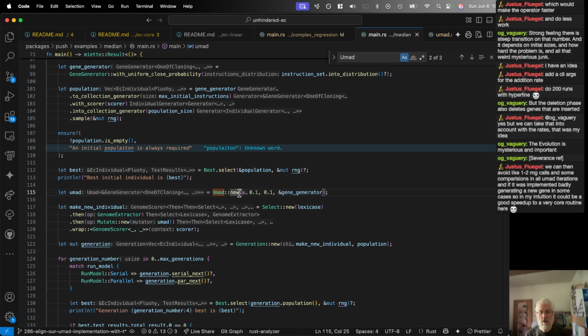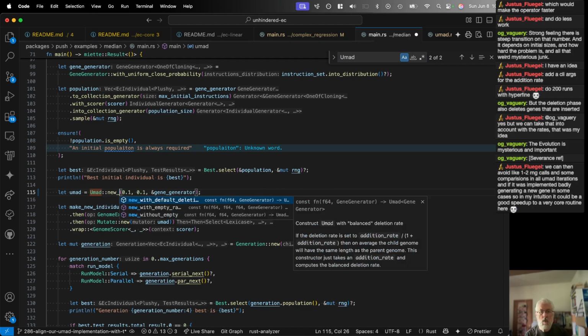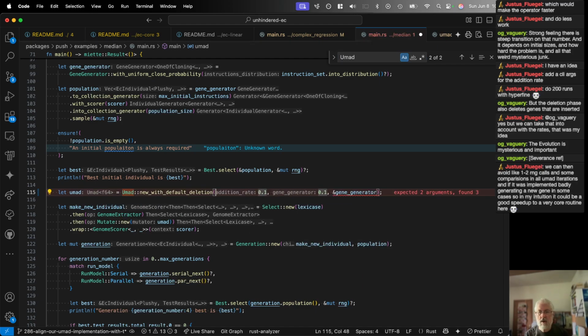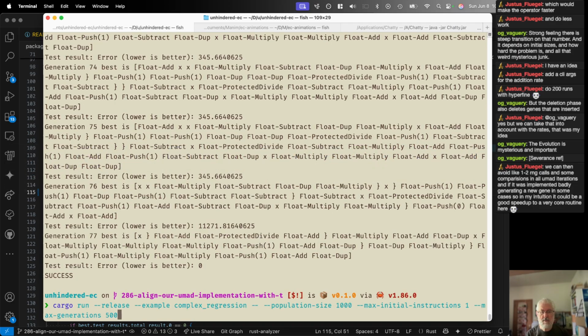UMAD, new, with default deletion. And what is that? That's median. Just to be paranoid, I'll run everybody.